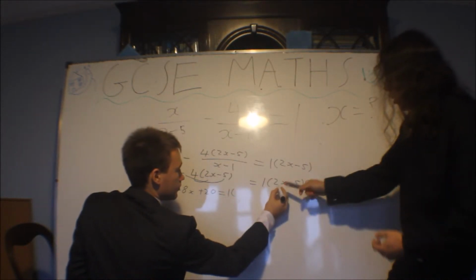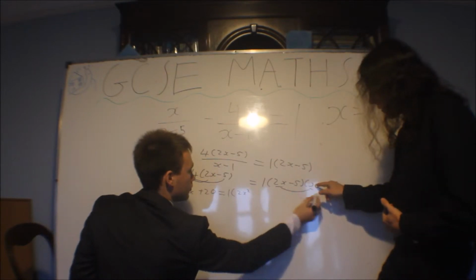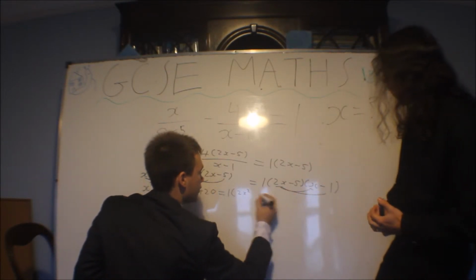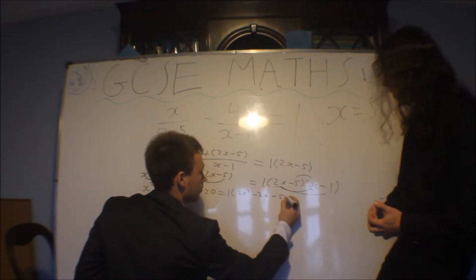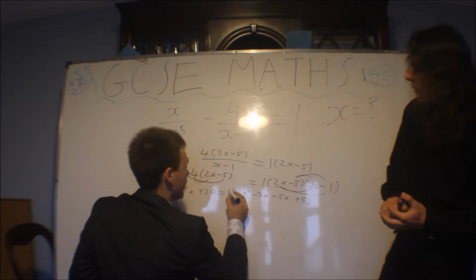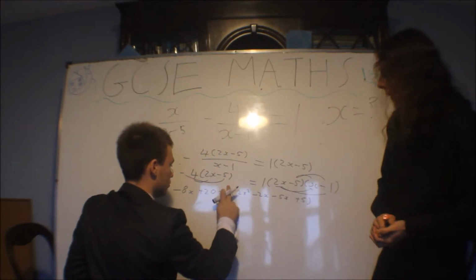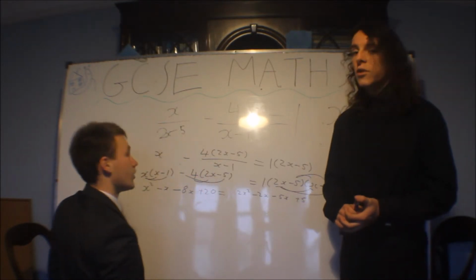So we have 2x times x, which is 2x squared. Then we have 2x times minus 1, which is minus 2x. Then minus 5x. Then plus 5. And all of that's times by 1, which means you can just ignore that, because when everything's times by 1, it just becomes itself.